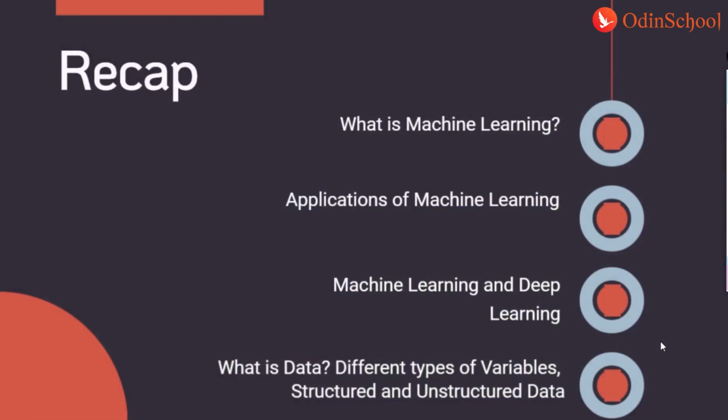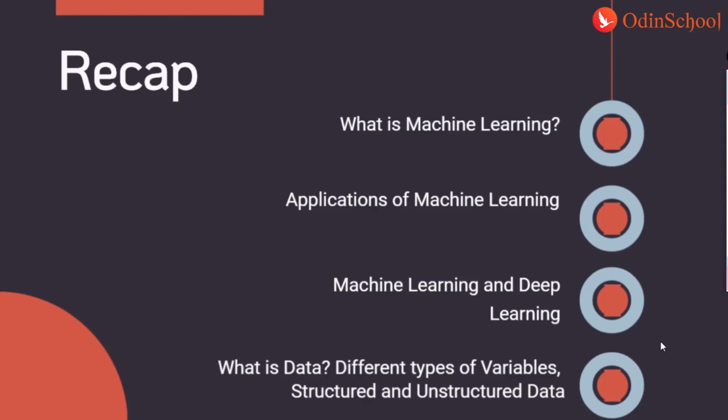So what have we covered in this session? We have talked about what is machine learning. We have known who is a data scientist and why they are of much importance. We have known the different applications of machine learning, what is machine learning and deep learning, and we have also covered what is supervised and unsupervised learning.